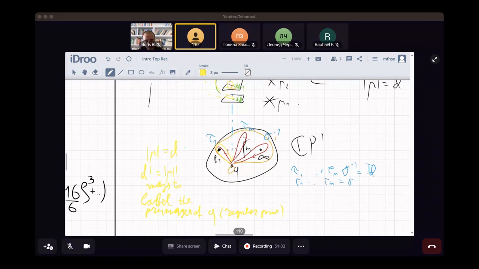So what can we say? Different ways to label is the factorial modulo automorphisms.